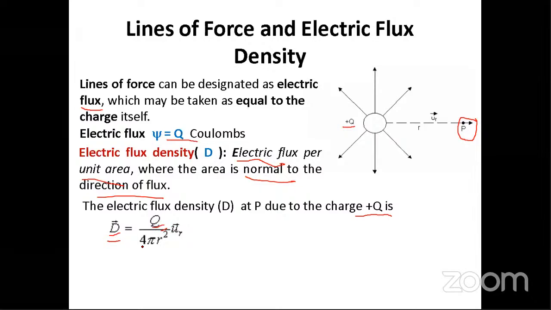Here we consider a spherical configuration, that is why the charge per unit area is Q by 4 pi r square, and UR denotes the unit vector. Mind that electric flux density is also a vector quantity.